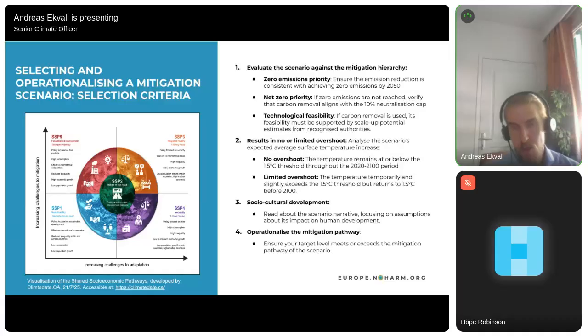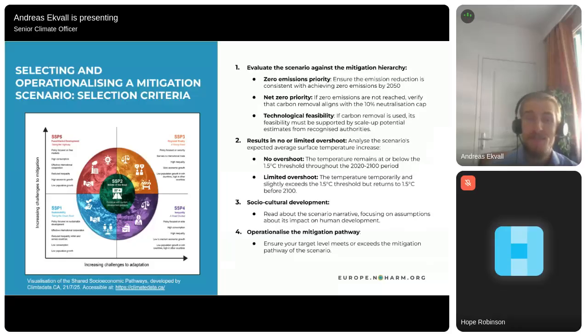However, we have to acknowledge that these global scenarios were developed around the year 2020, and many of the underlying assumptions have not been realized today. Consequently, when deciding on a scenario for your organization, you must critically evaluate its feasibility. And first, we use the mitigation hierarchy.